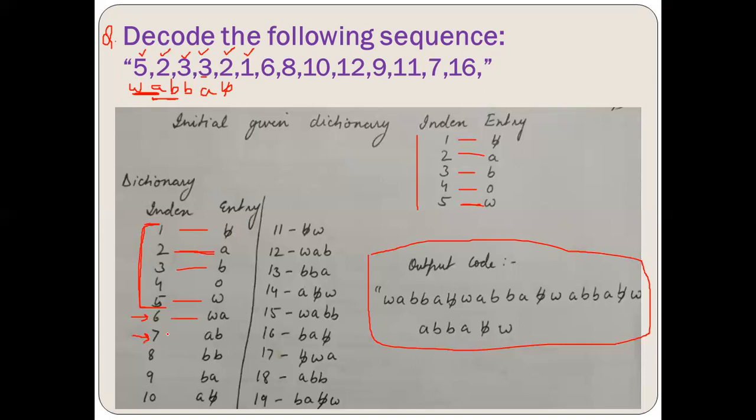So AB is entered at the 7th position, right? We can generate it further at the end. At the 6th position, we have WA. So I can write WA here, right? At the 7th position, I have entered AB.